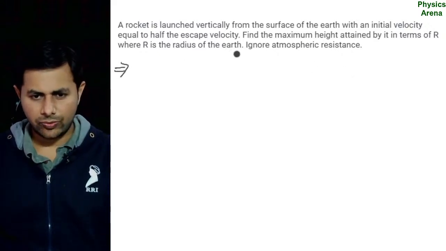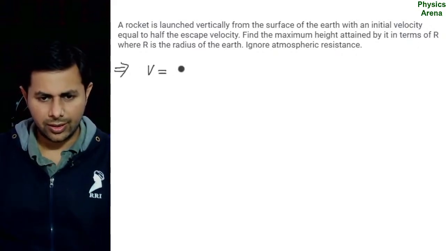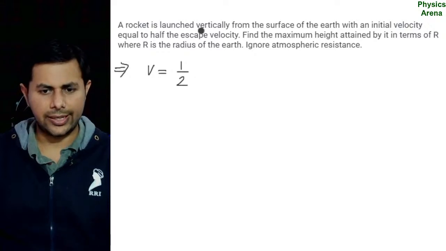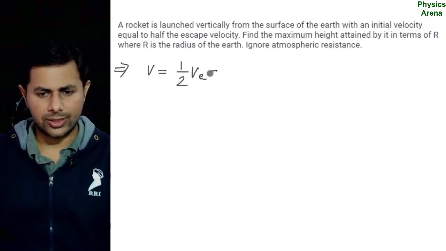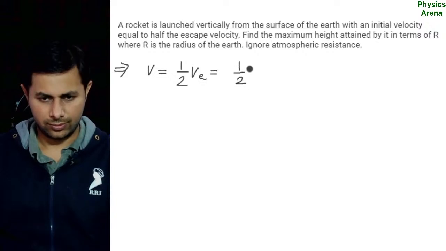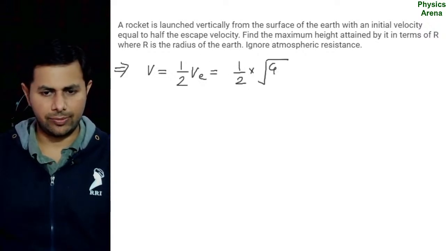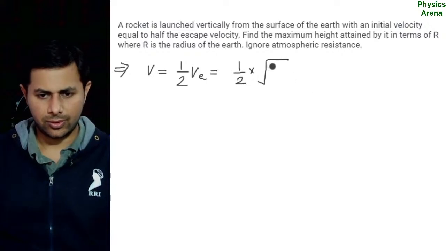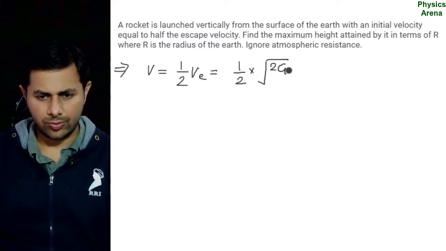The initial velocity v equals half of the escape velocity, and we know the formula for escape velocity. It is square root of 2gm over r.